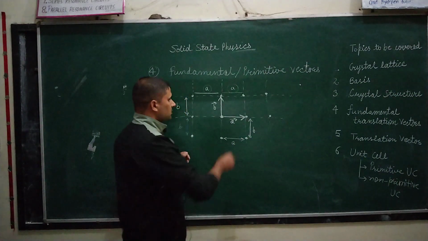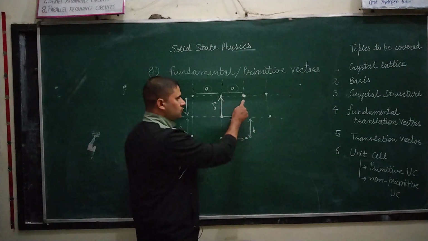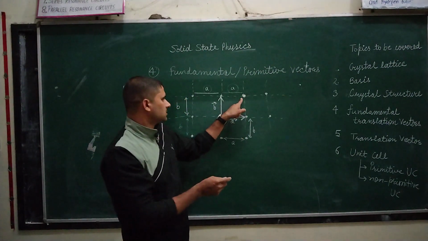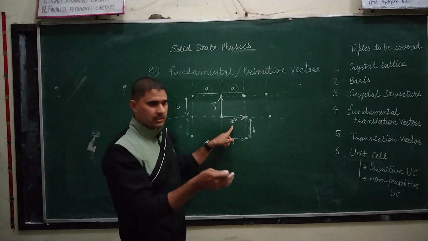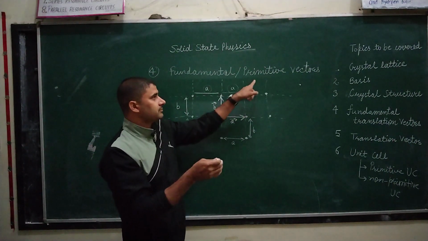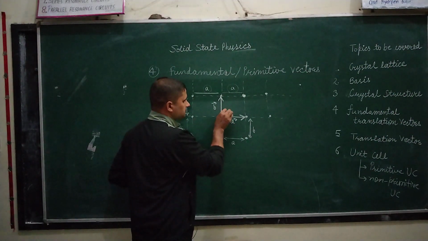Okay class, so if you want to take this point, then you can write the position of this point in the form of vector a and vector b. Those are primitive vectors.